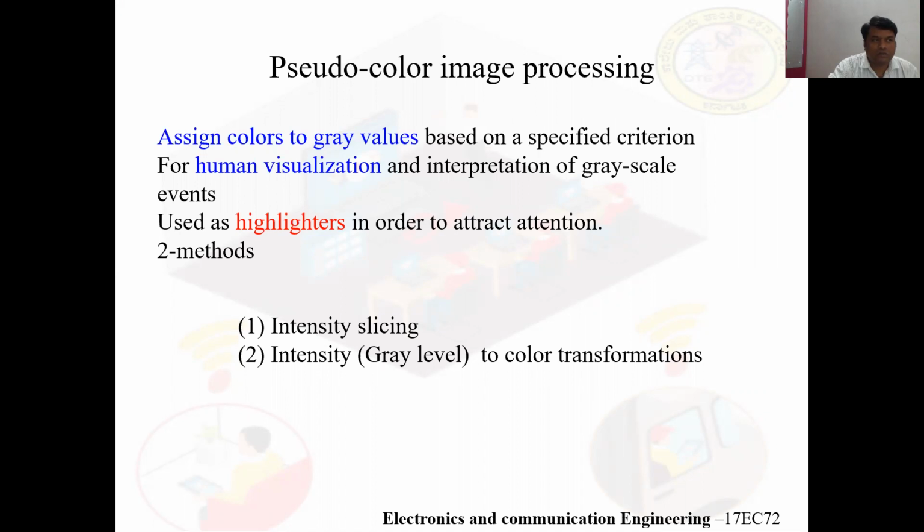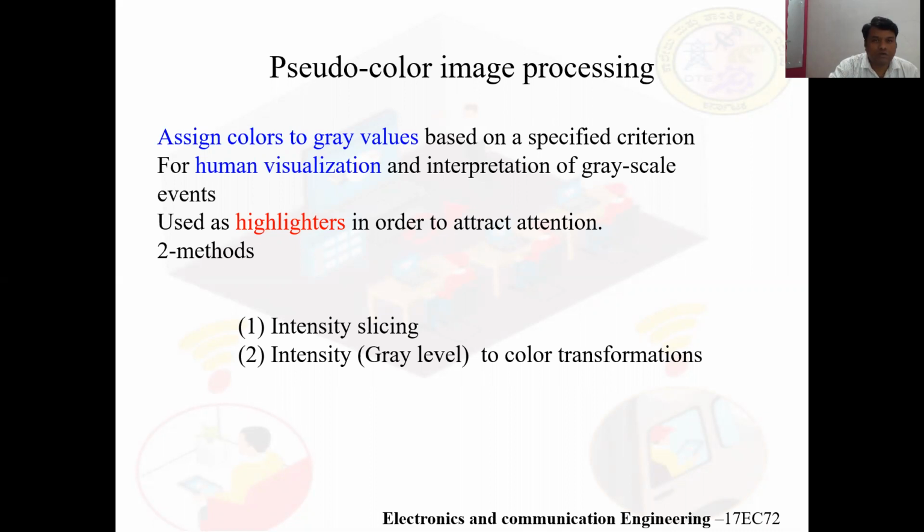So pseudo color image processing consists of assigning colors to gray values based on a specified criterion. The term pseudo or false color is used to differentiate the process of assigning colors to monochrome images from the process associated with true color images.